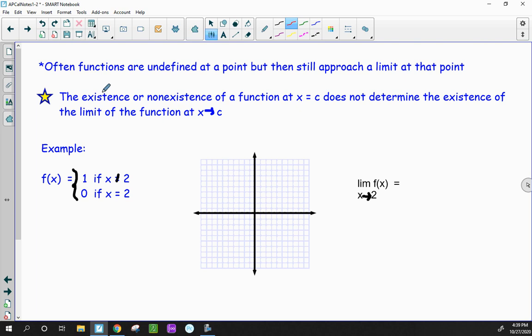The existence or non-existence of a function at x equals c does not determine the existence of the limit of the function as x approaches c.